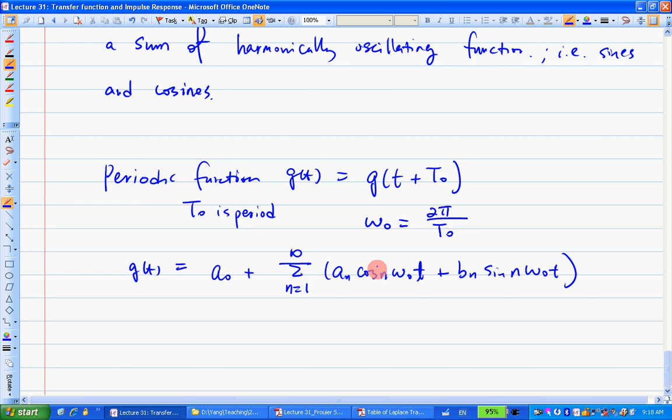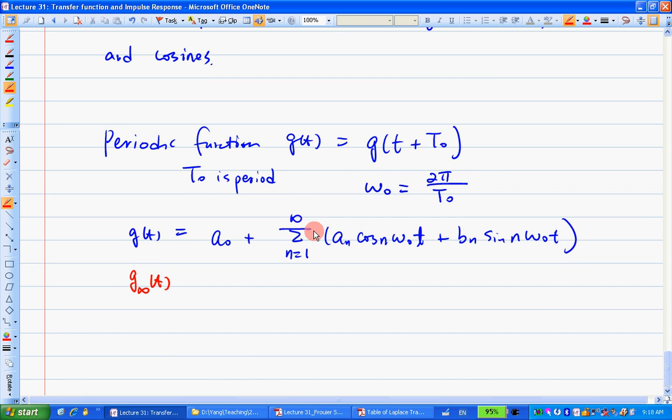Now this is basically the Fourier series. The periodic function g of t can be approximated using this expression. Sometimes this is represented using g infinity of t. If this is infinite, it's a very, very good approximation.